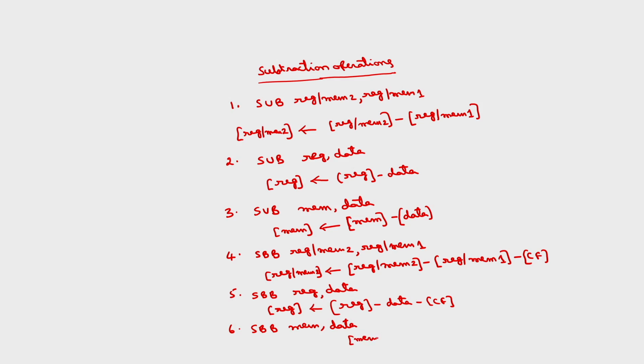So, data is subtracted from the memory along with carry, and the result is stored back to the memory. So, that is the 6 subtraction instructions. Then we have multiplication and division instructions that we will discuss in the next lecture. Thank you.